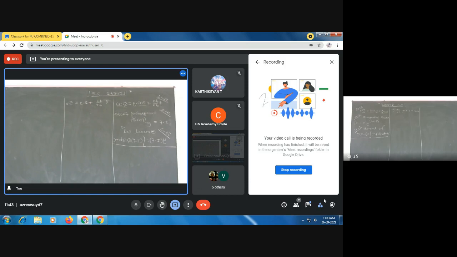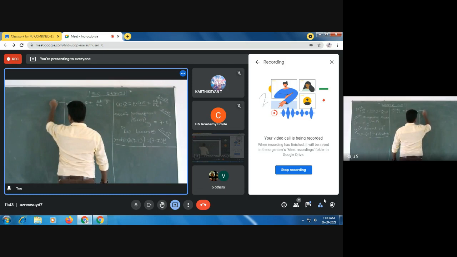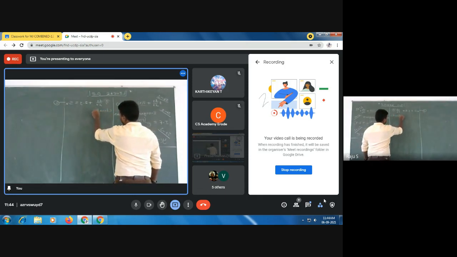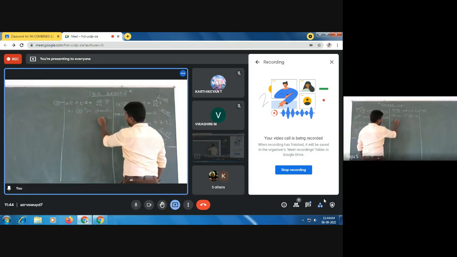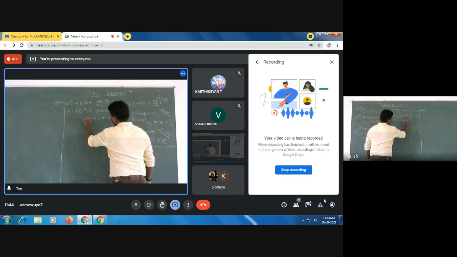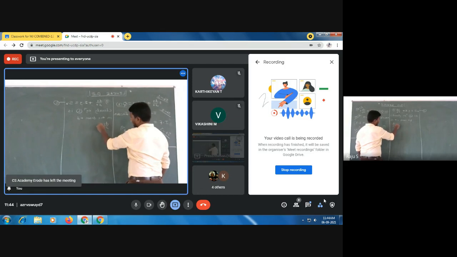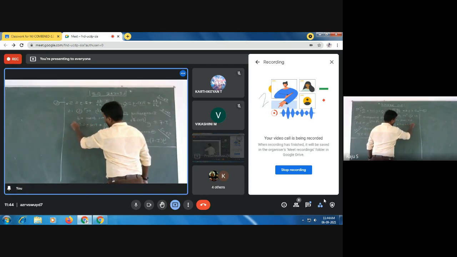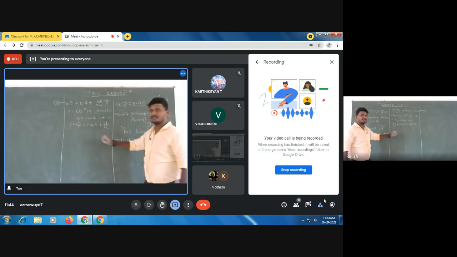Equation 1 is in standard form, in the form of dy by dx plus p of x into y is equal to q of x.